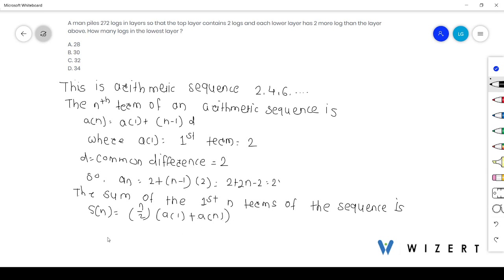So substituting values here, solve for n. Sn is 272, equals n by 2 into 2 plus 2n.